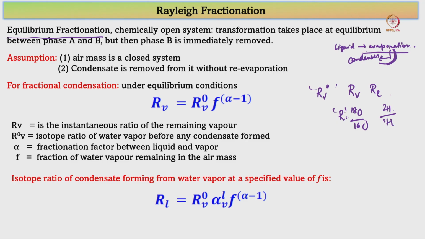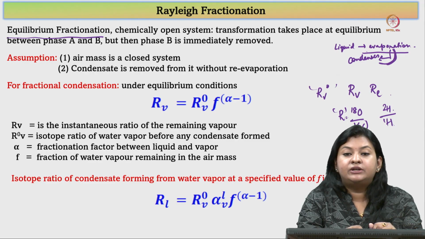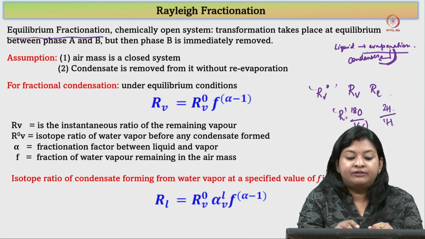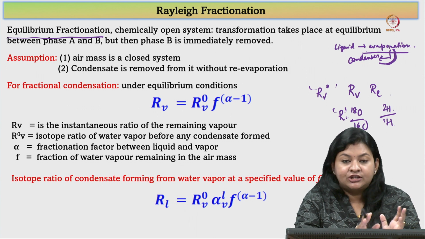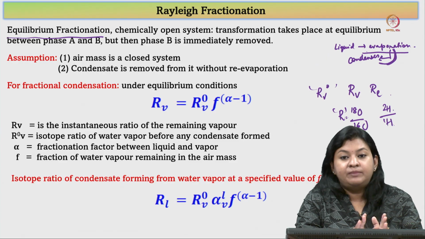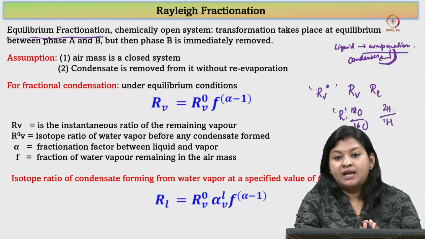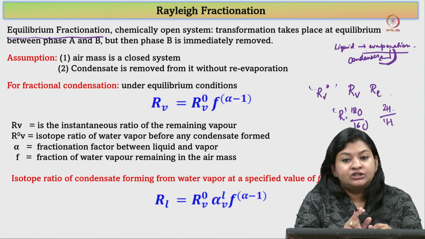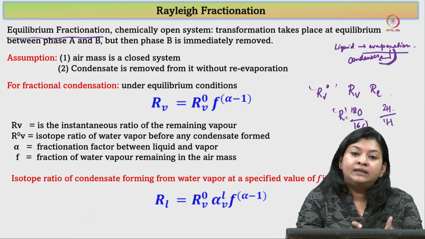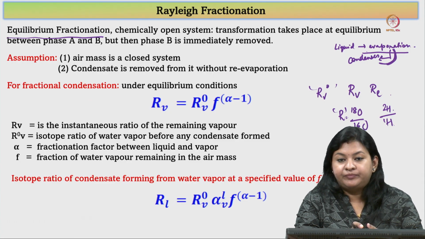So, the ratio in the vapor is equal to the initial ratio of the vapor, RV0, multiplied by the fraction of water vapor now remaining in the air mass, to the power alpha minus 1, where alpha is the fractionation factor between the liquid and the vapor.